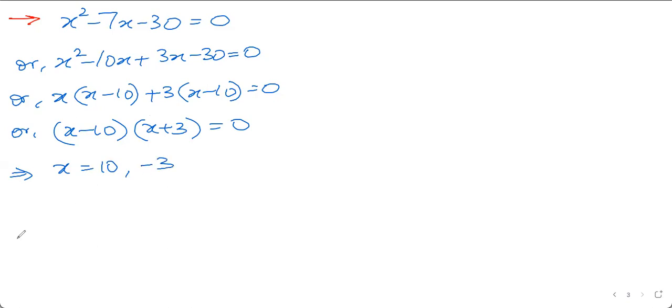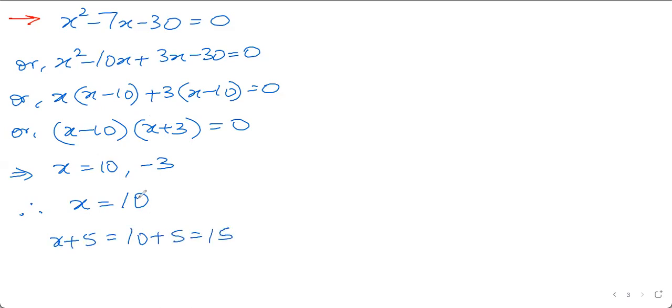But the age cannot be negative. Therefore, our x can only be 10. And remember, x is the age of Kishore. Then Vivek's age is x plus 5, which is 10 plus 5 equals 15.